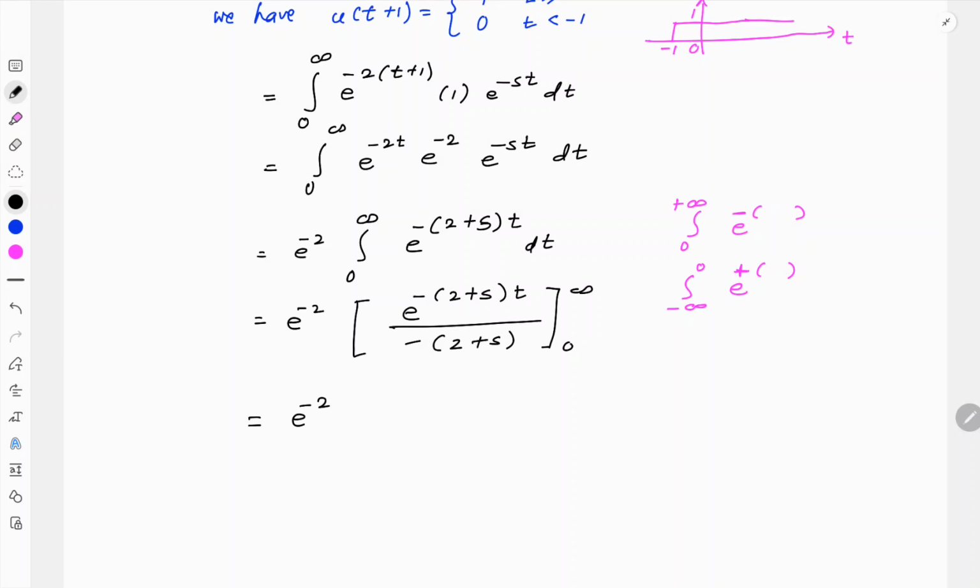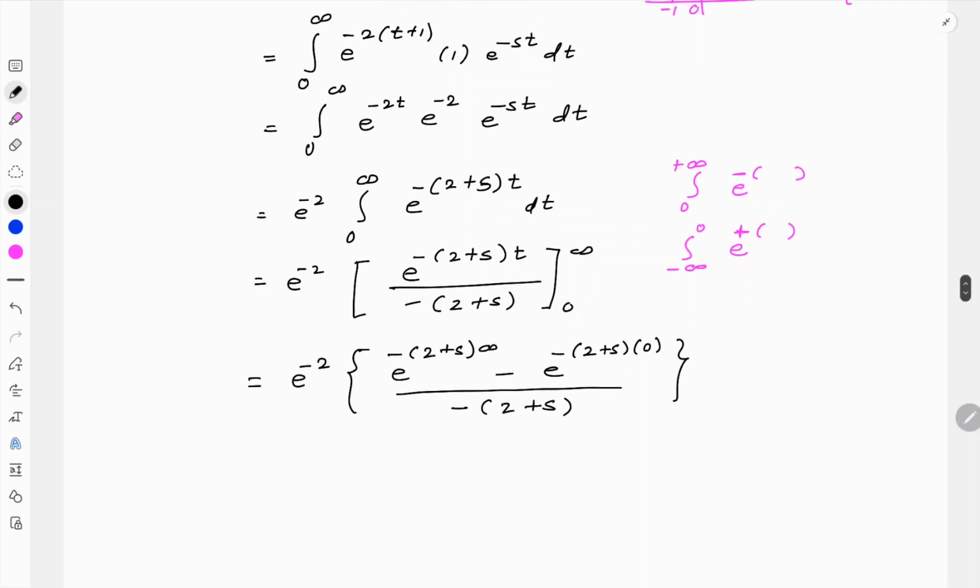So now let us substitute the upper limit and lower limit. The upper limit is infinity. So e raised to minus (2 plus s) into infinity minus e raised to minus (2 plus s) into 0, whole divided by minus of (2 plus s). Now at this stage itself we need to find the ROC.